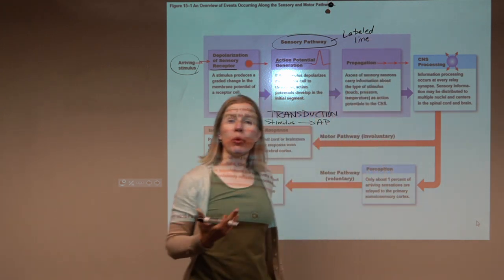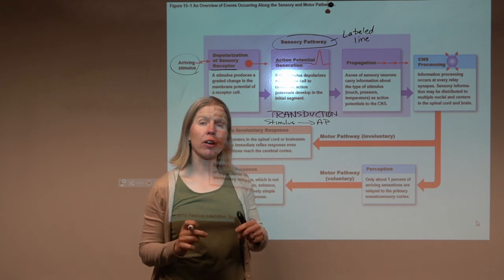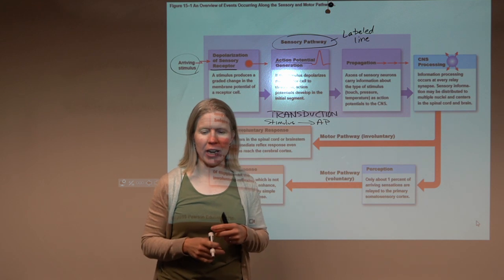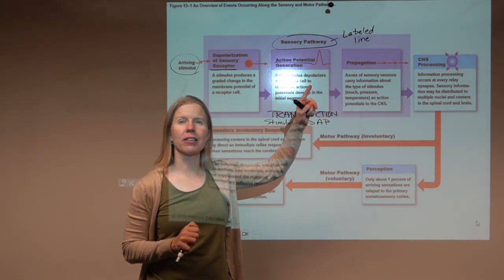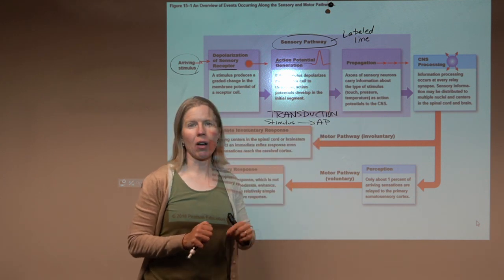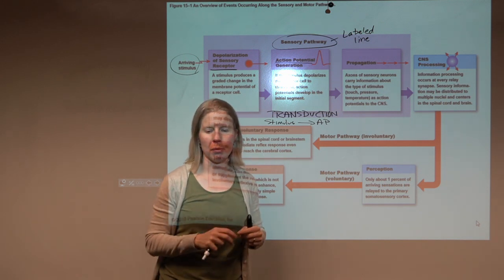And each labeled line only carries one modality. So it'll carry pain, or it will carry pressure, or it will carry temperature. And so as we're carrying this information, the nerves that it's coming into the brain on make a huge difference in how we perceive that input, right?